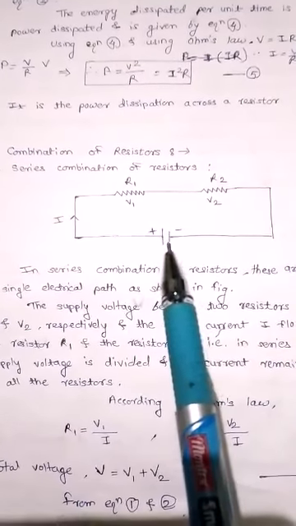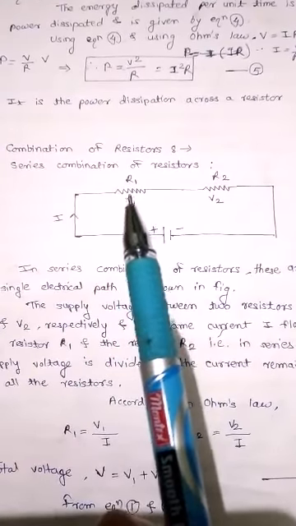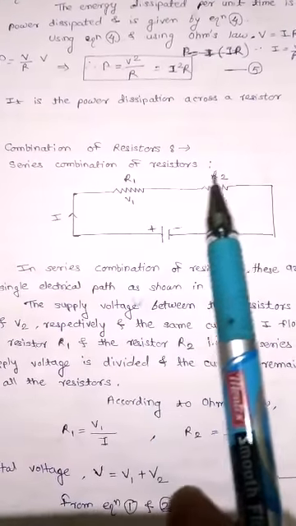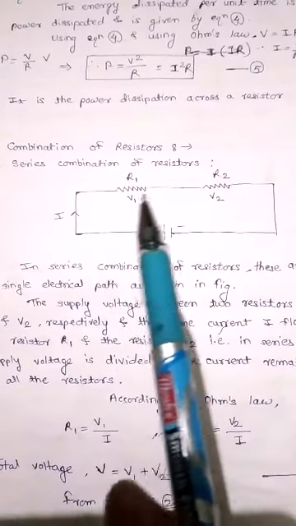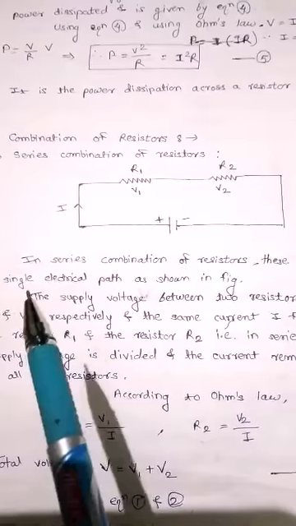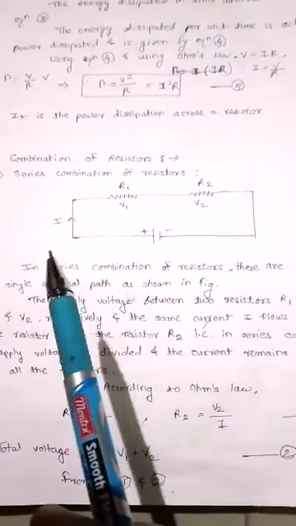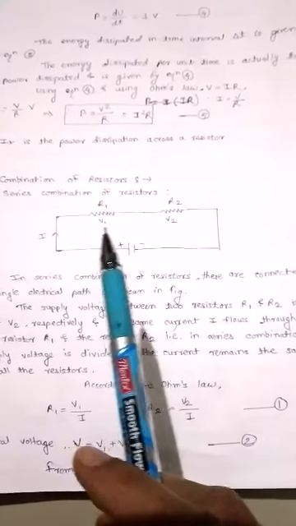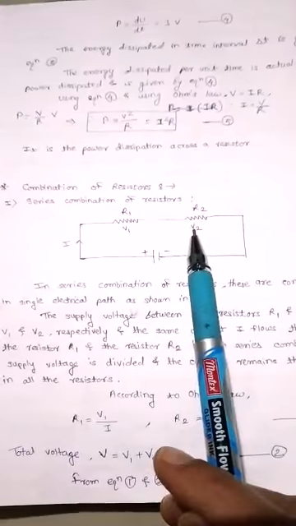Okay, means here battery supplies the current through the first resistance R1 and then the second resistance R2, the single path. Then the supply voltage between two resistors R1 and R2 is V1 and V2.